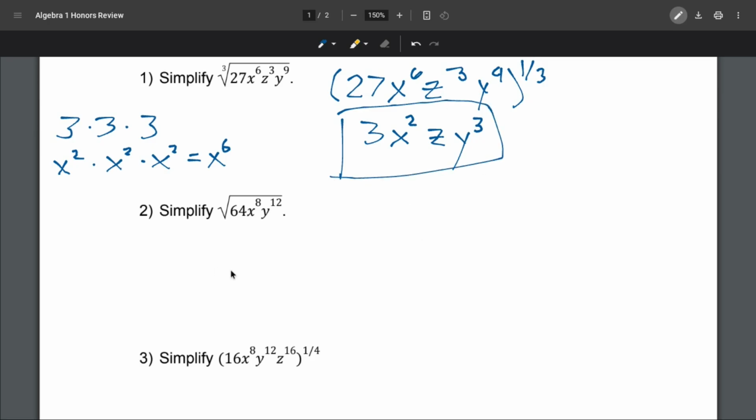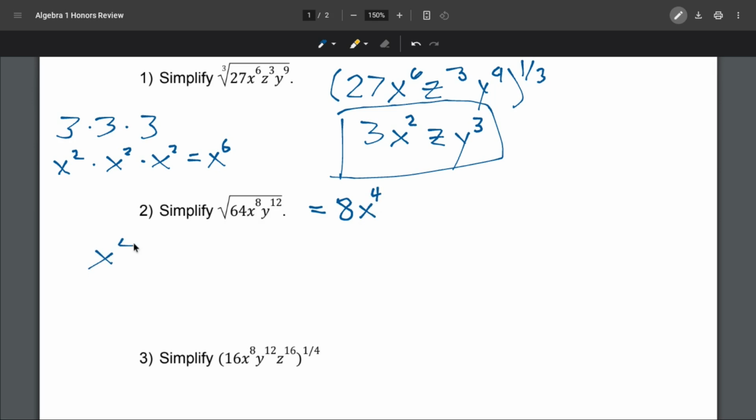Okay, this next one we're simplifying 64x to the 8th, y to the 12th. And this is the square root of that. So we're going to take the square root of 64, which is 8. Then we have x to the 8th power. The square root of that is x to the 4th power.